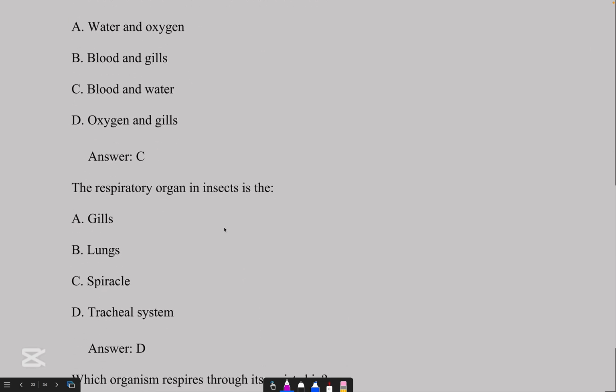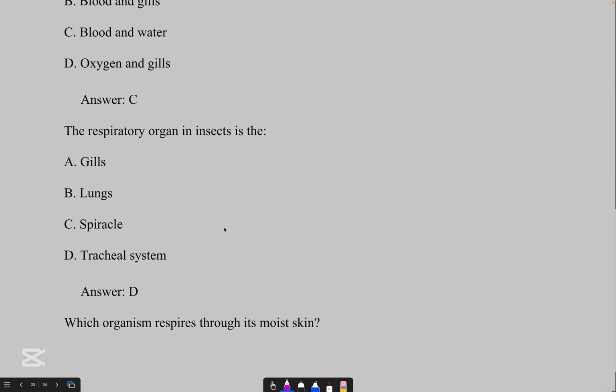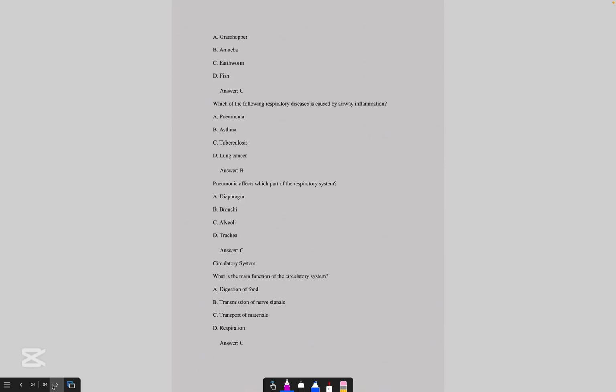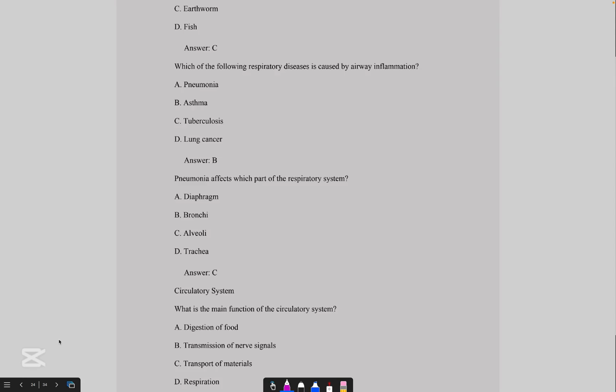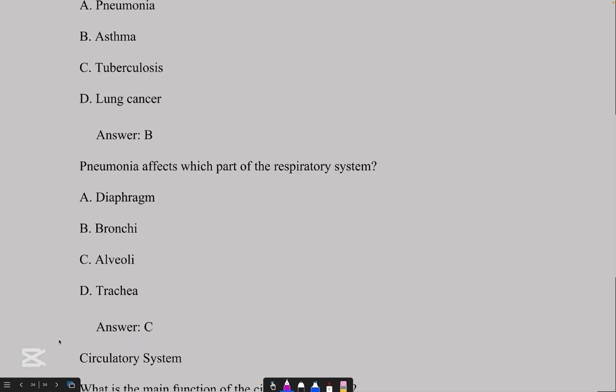Now, the respiratory organ in insect is the what? Spiracle. Not trachea. No, no, no. This is wrong. Spiracle. Option D is wrong. Which organism respires through its moist skin? Of course, earthworm respires through its moist skin.